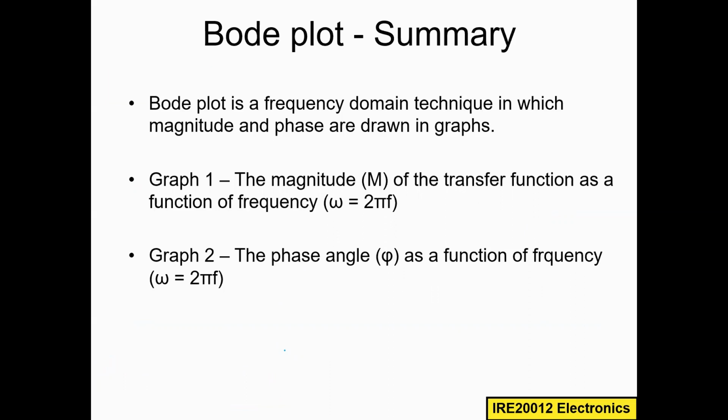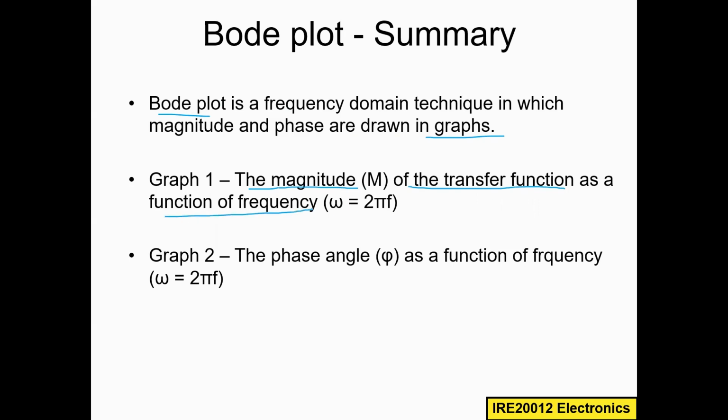So this is the summary. Bode plot is a frequency domain technique in which magnitude and phase are drawn in graphs. Graph 1 is the magnitude of the transfer function as a function of frequency.